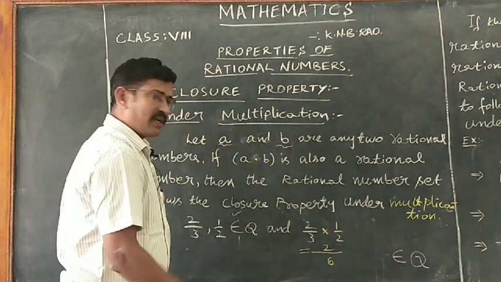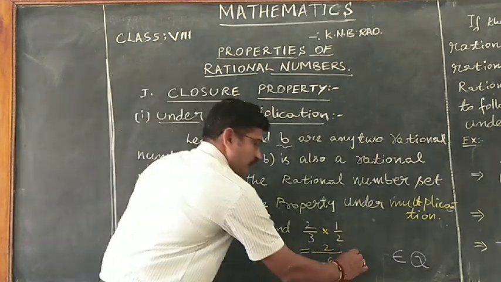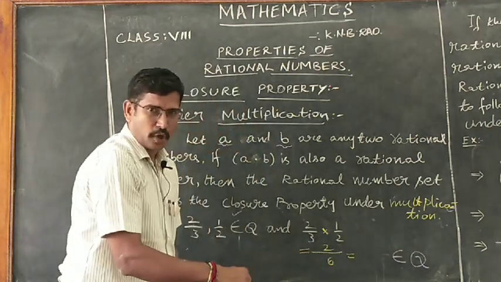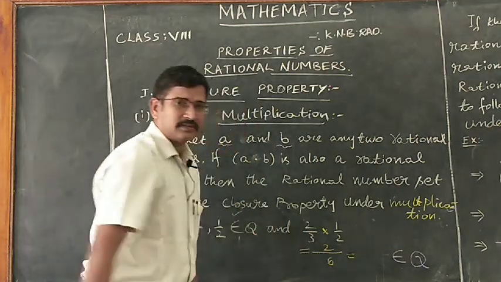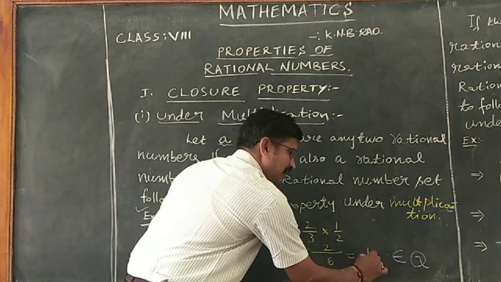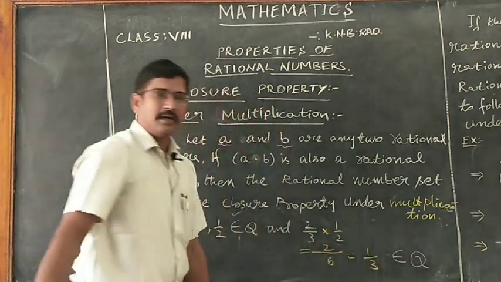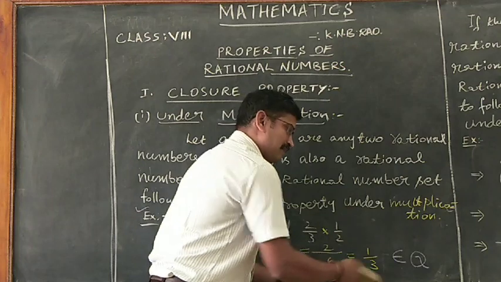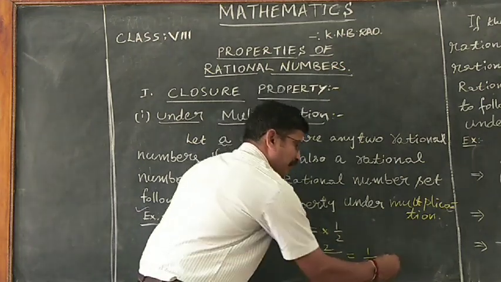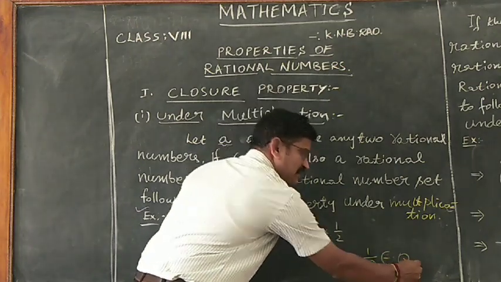Children, we can simplify it further, since there is a common factor for both 2 and 6, it is 1 upon 3. So 1 by 3 belongs to the rational number set.